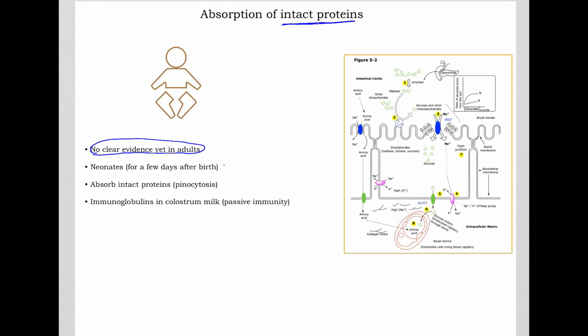However, important to note that neonates, the first few days after birth, they do absorb intact proteins, probably by the process of pinocytosis. And this is important because they do bring into the bloodstream immunoglobulins that are found in colostrum, the milk from the mother, and these immunoglobulins will provide them with passive immunity.